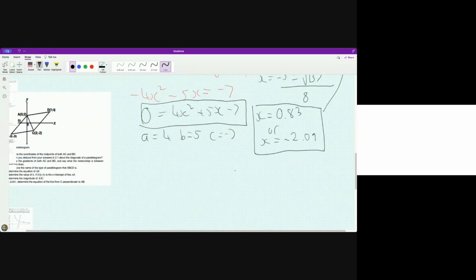So basically, I'm just going to go minus 4 times 0.83, which is minus 3.32, or y is minus 4 times minus 2.09. And then I get 8.36. And that would be that.